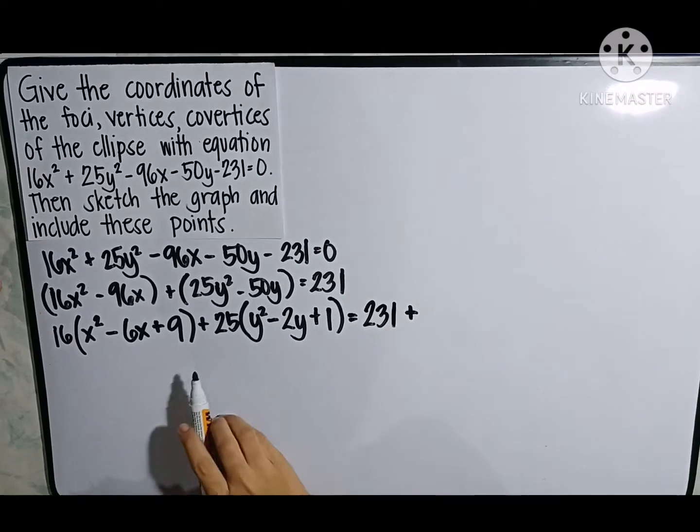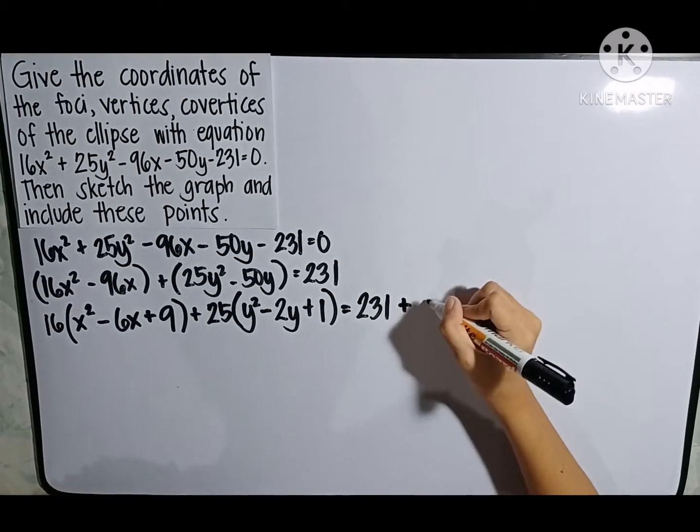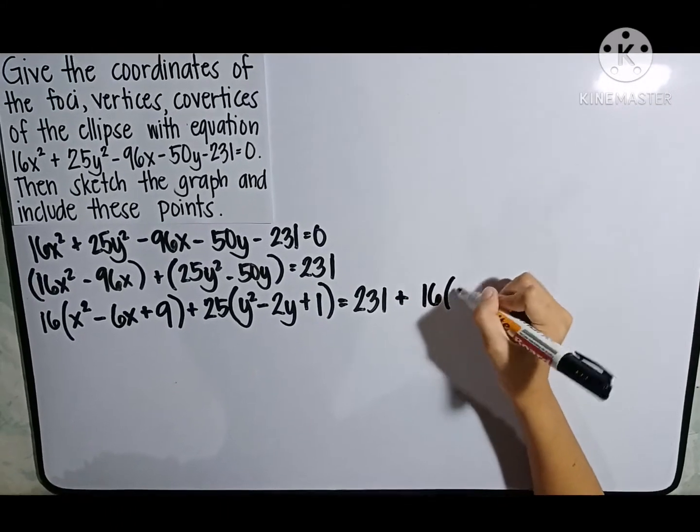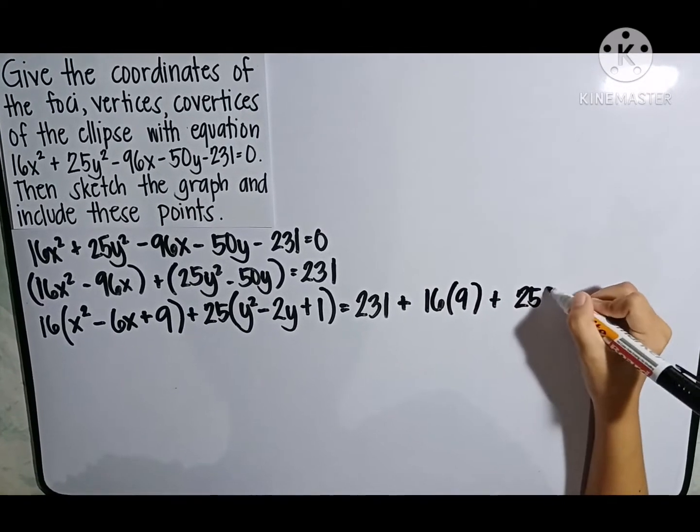Everything that we added to this side will also be added to this side. So, 16 times 9 plus 25 plus 1.